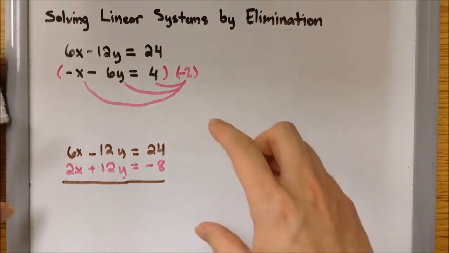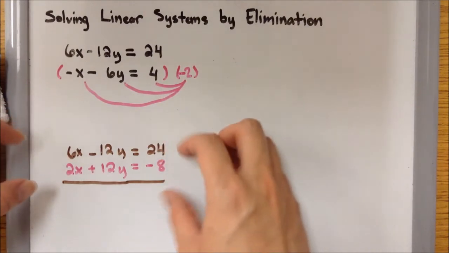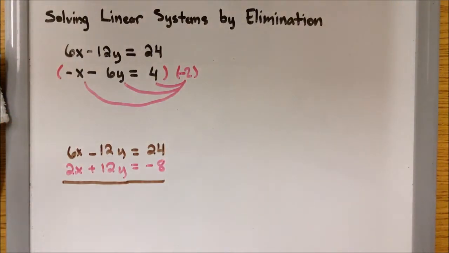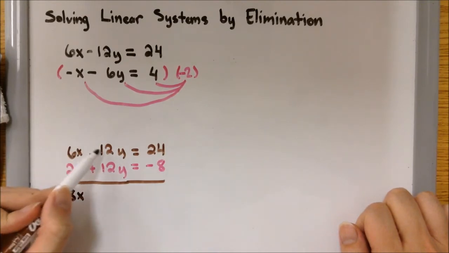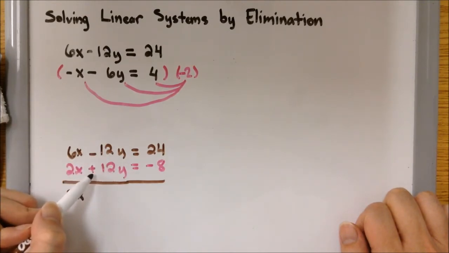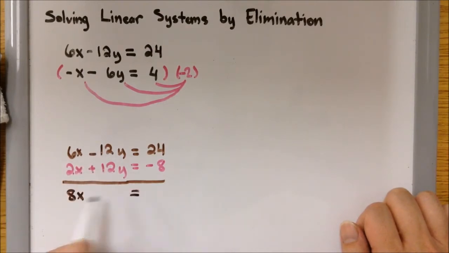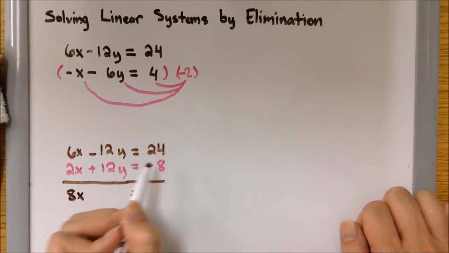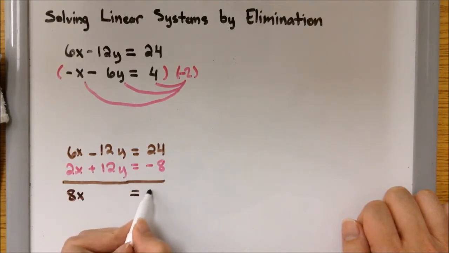When we are eliminating, we're going to combine these two equations, adding or subtracting them based on their sign. 6x combined with the positive 2x, I'm basically going to add them together. It will become 8x. Now the y's, -12y plus 12y will cancel out, so I don't need to write the y's anymore. Equal sign, and I'm going to combine +24 with -8, so that's simply 24 minus 8, which is 16.